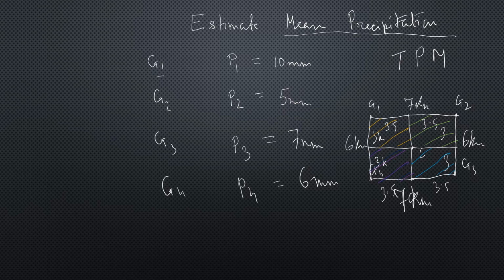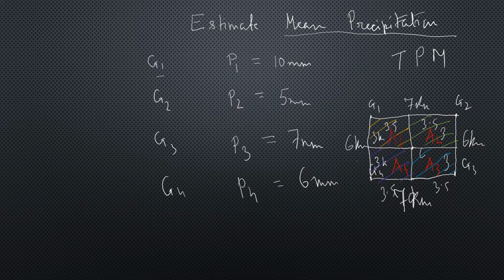So this area is connected to G1 or it is surrounding G1. So let this area be A1. And let this area, as it is connected to or surrounding G2, be A2. Similarly, this will be A3 and this will be A4. Okay.